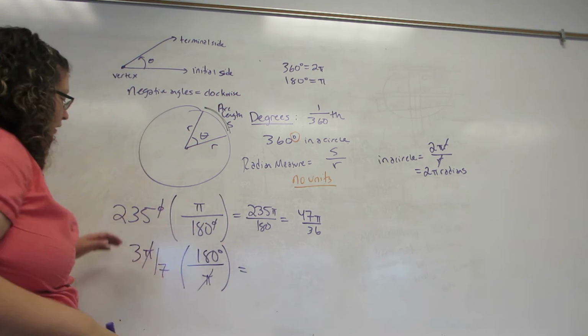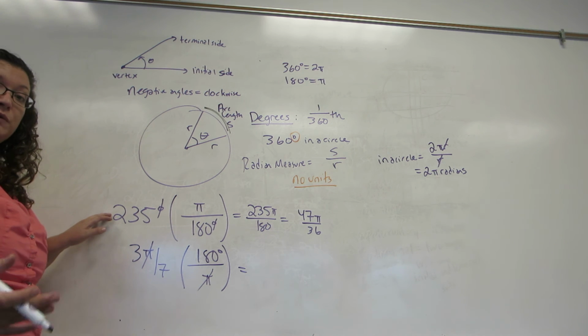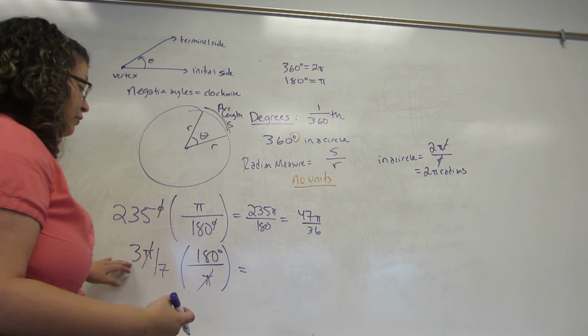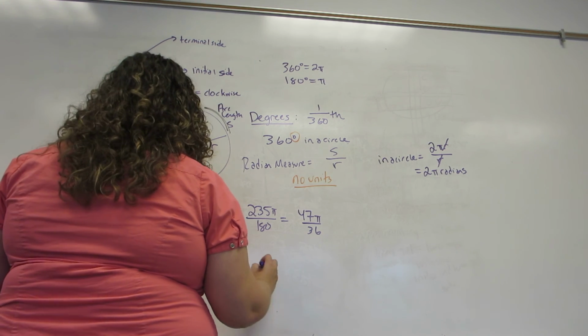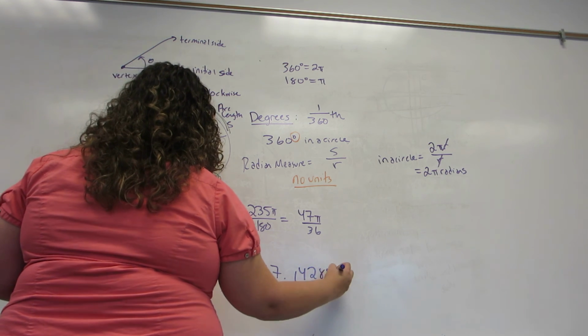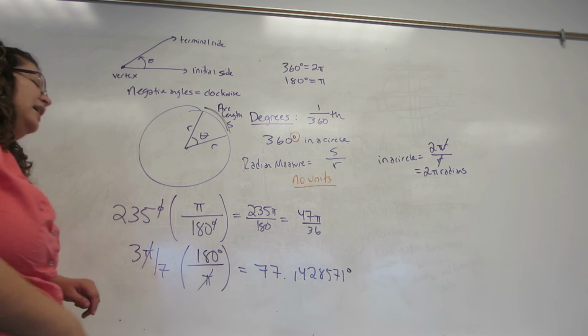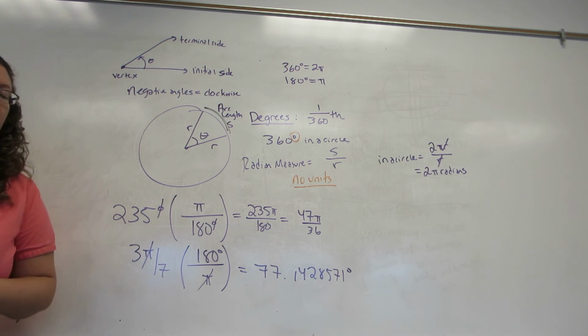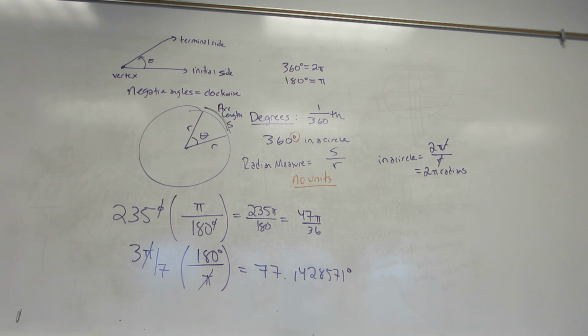Now, unlike converting into radians, where you always want a nice pretty fraction, converting into degrees, we often want a decimal representation. So this is 77.1428571 degrees. And it goes on a little bit, but we'll stop just at that. Okay? And so now we have a way of converting between our two ways of measuring angles, degrees and radians.